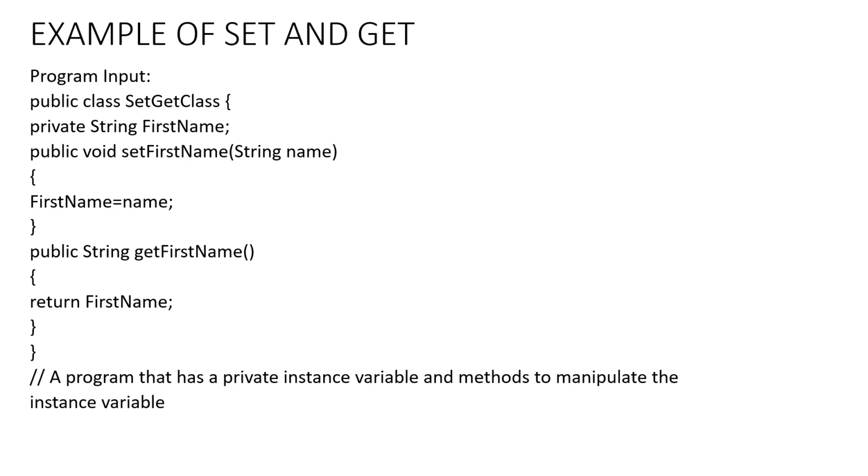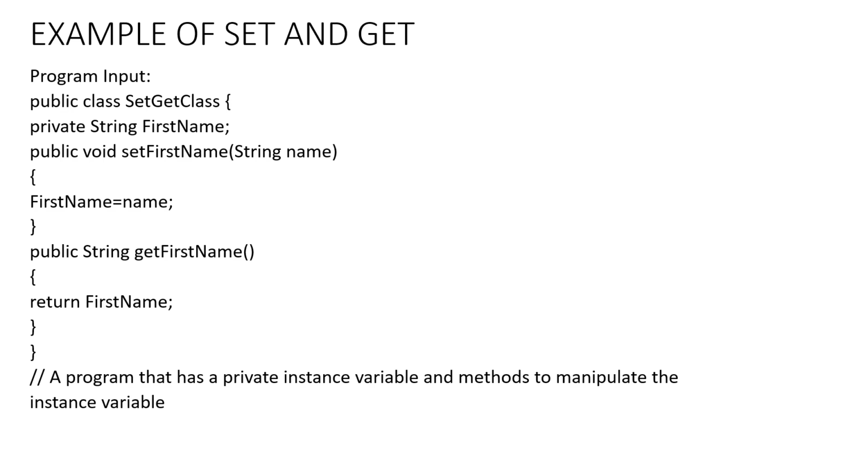Don't forget, in the slide preceding this, we talked about the syntax for declaring an instance variable within a class. And we said the syntax is access modifier, the data type, then the variable name. And that's why we have private String firstName.